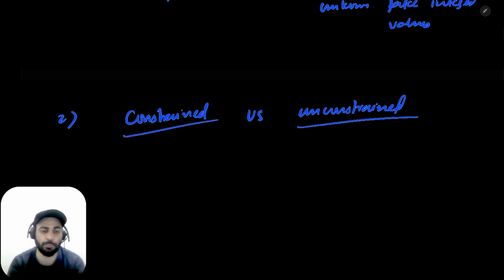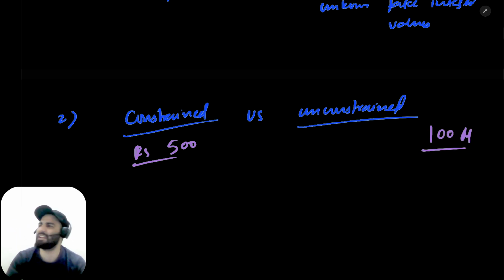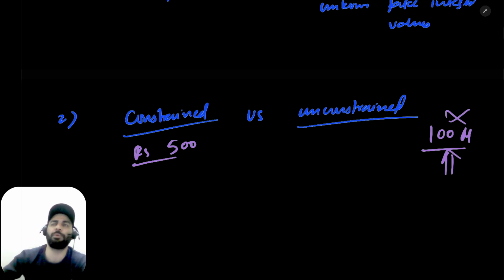But in the constrained case, you are putting in some constraint. For example, if you have to impose budgetary limits, say a budget of 500 rupees in the investment, that's a constraint on you. Unconstrained would be, for example, a budget constraint of $100 million, but you are saying that if I optimize it, I don't need to take care of this constraint, because 100 million is very much and you are sure the solution won't go beyond 100 million.